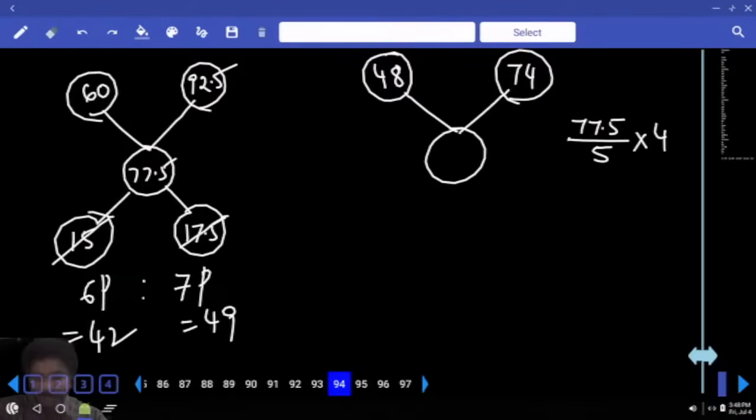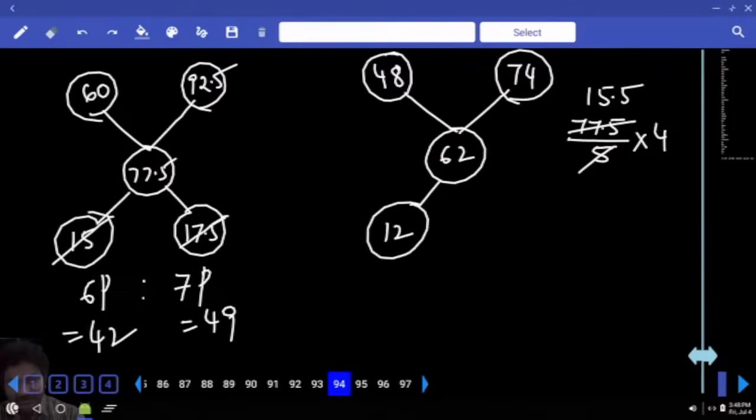Now we need 4 parts. 5 cancellation. 15.5. 7.75, double 14, 15.5. 15.5 4 times. 15 into 4, 60. 0.5 into 4, 2. Total 62. Here 12. Here 14. The same ratio you get.